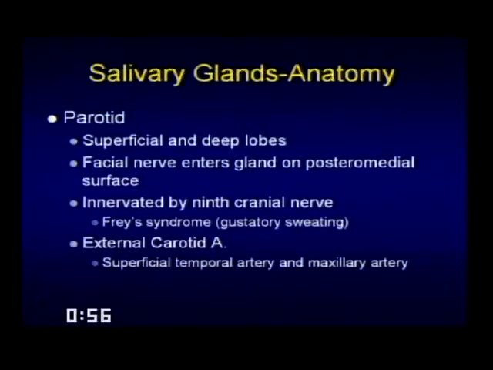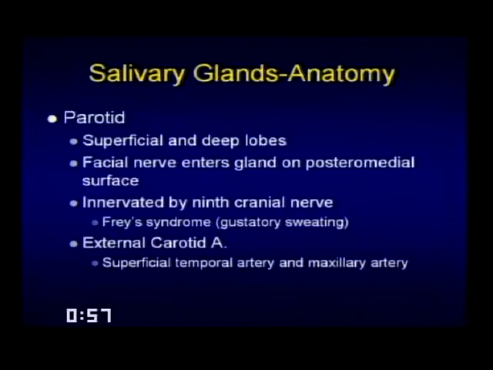Let's move on to salivary glands. The parotid gland has 2 lobes, the superficial and deep lobes. The facial nerve is the important structure here when talking about the parotid. You need to know where it enters the gland, how to identify it, what it innervates, and how to protect it. It enters the gland on the posterior medial aspect of the deep lobe.